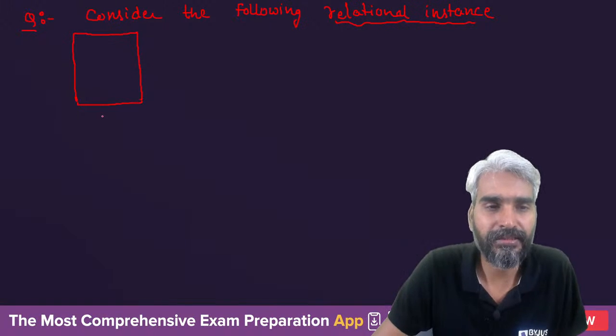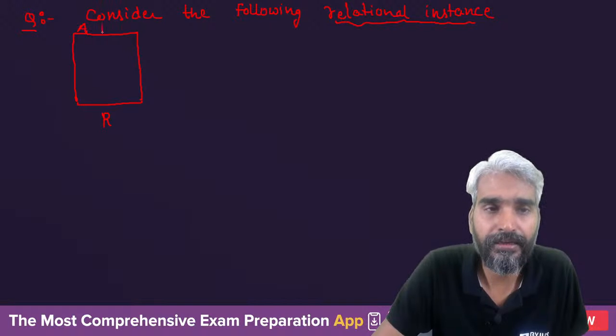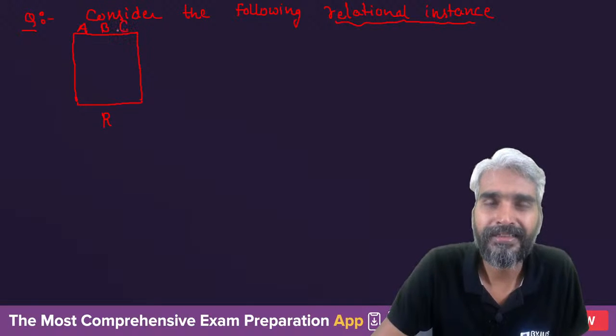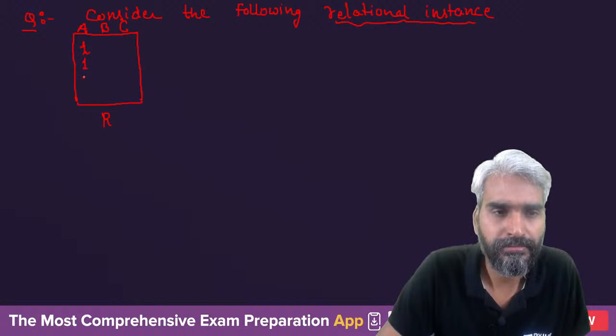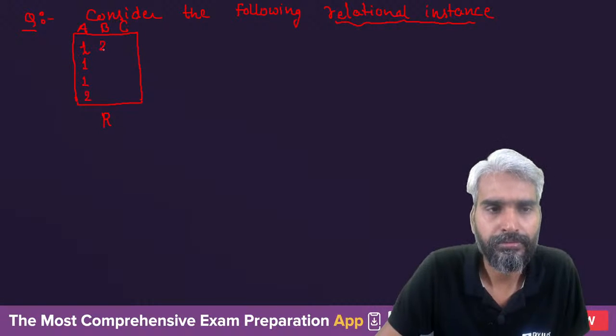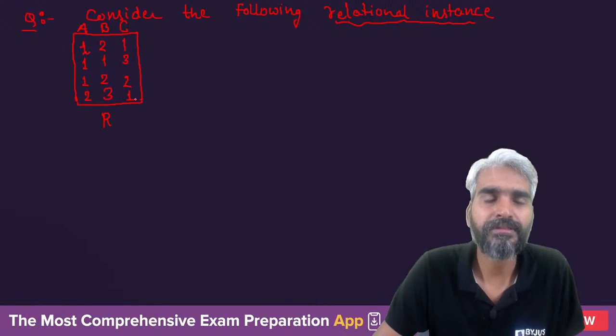So this is some relation R which consists of three attributes A, B and C, and the values are, let's assume, something like 1, 1, 1, 2, 2, 1, 2, 3, 1, 3, 2, 1. So these are some values.